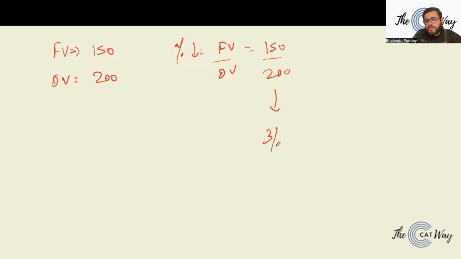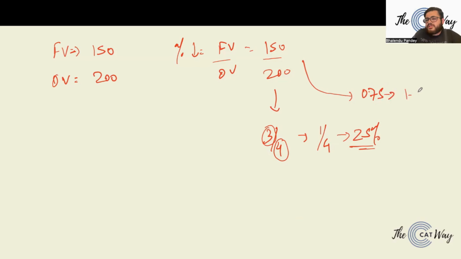This becomes 3 by 4. So my original value is 4, my final value is 3. That means I see a decrease of 1 by 4. A decrease of 1 by 4 means a 25% decrease. If you want to go via the decimal approach, this is 0.75. You have to do 1 minus 0.75, and you arrive at 0.25. 0.25 simply means a 25% decrease.